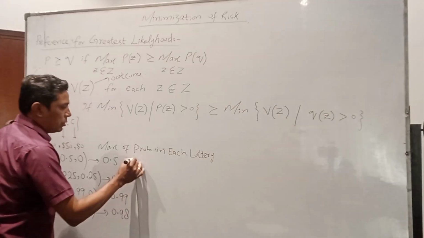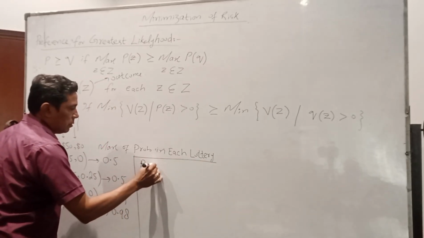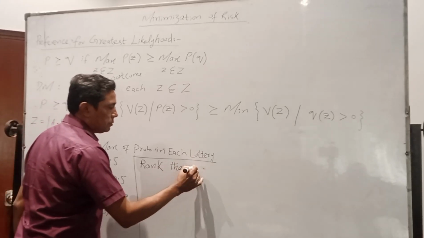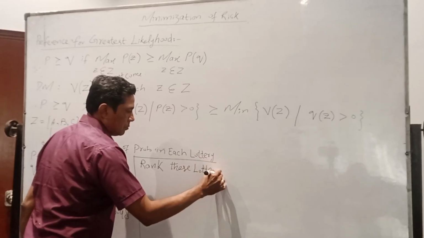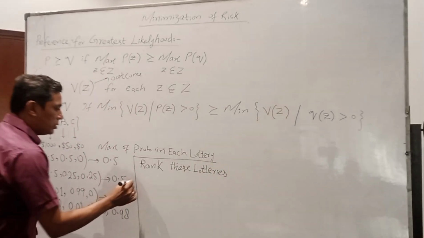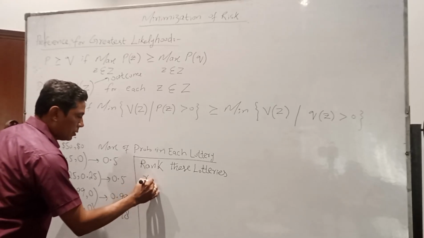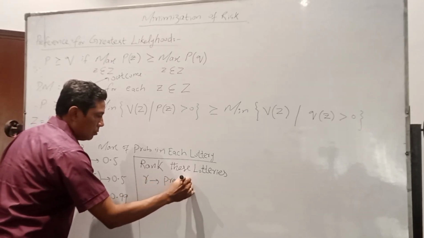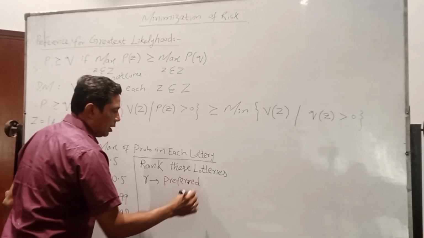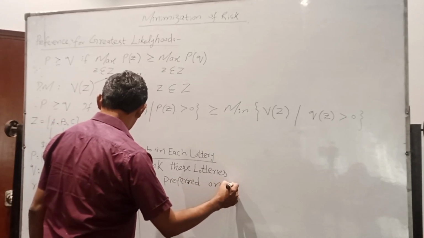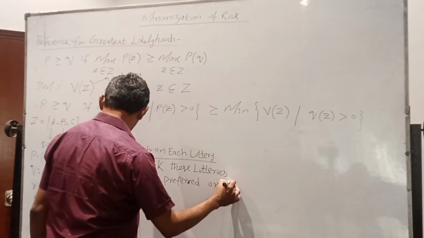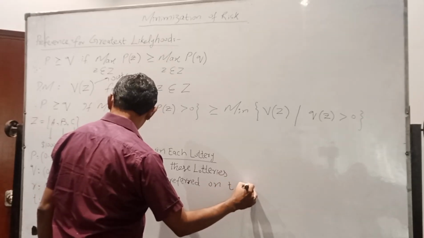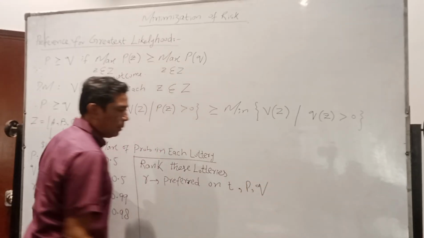when we rank these lotteries, R is preferred most. Next is T, then P, Q. Am I right?